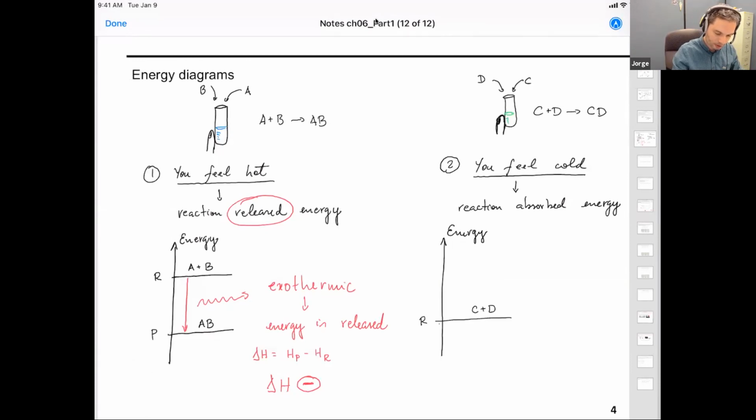And now we think about the same way that we did before. If the reaction absorbs energy, what can I tell about the energy of the products compared with the energy of the reagents?